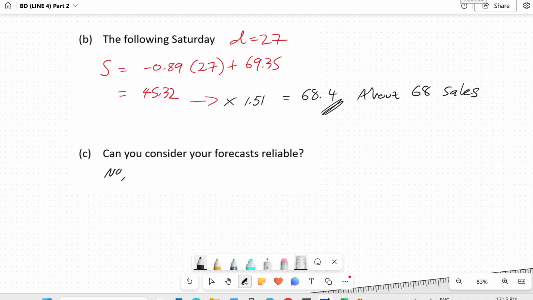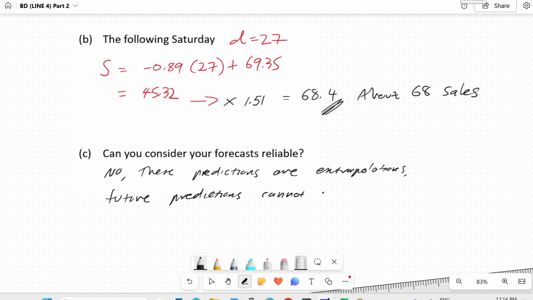So we can't consider these to be reliable. So no, these predictions are extrapolations. And also, future predictions can never be considered to be reliable. Words to that effect.